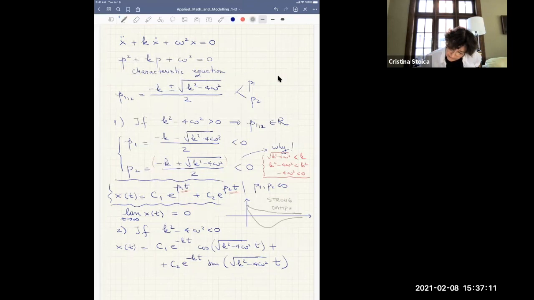There is no oscillation whatsoever. Whereas for this other case, if we take the limit as t goes to infinity, this again will be 0 no matter where we start. But the difference is that for this type of damping, we will have some oscillation going on.